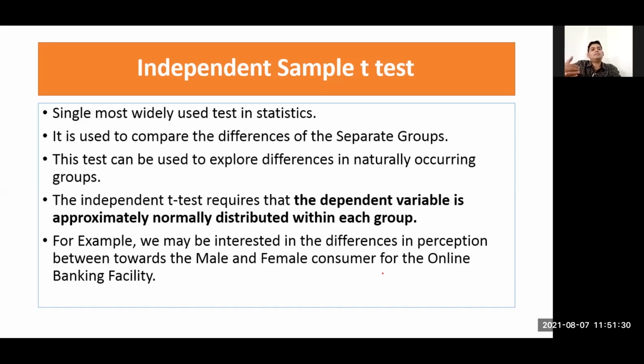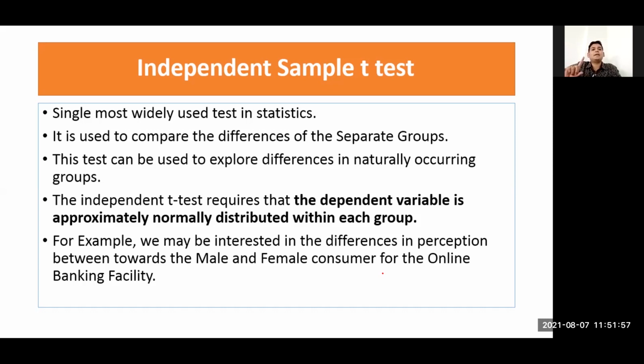Based on this statement, we can definitely think that the online banking facility is for all consumers, whether you are male or female, right? So male and female are not affected by the perception of online banking consumers. But yes, the perception of online banking consumers is definitely affected by gender preference, right?